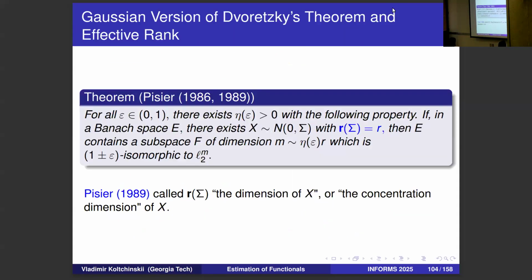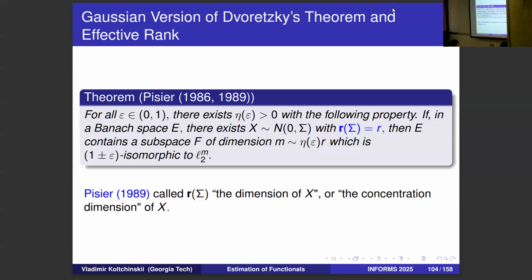Actually, the notion of effective rank under a different name existed in the literature long before it started being used in statistics. It originated in the Banach spaces literature in connection with the so-called Dvoretsky theorem, a well-known result in the theory of Banach spaces, and this result has a probabilistic proof, usually based on some concentration arguments.